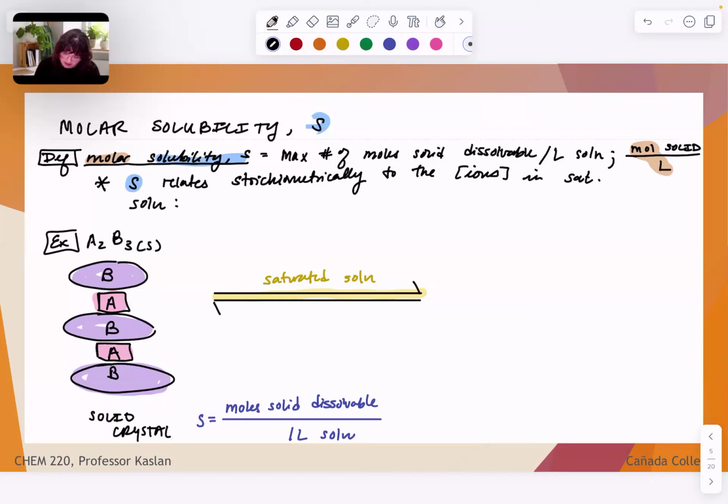And what am I going to make when 1 mole of this dissociates in solution?